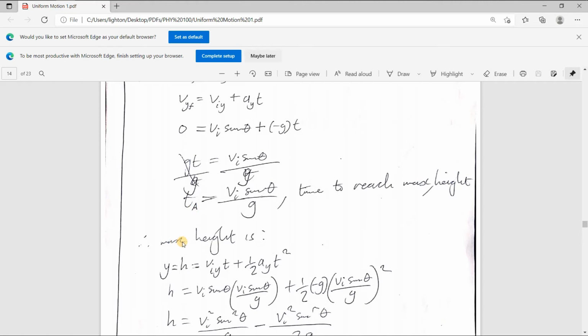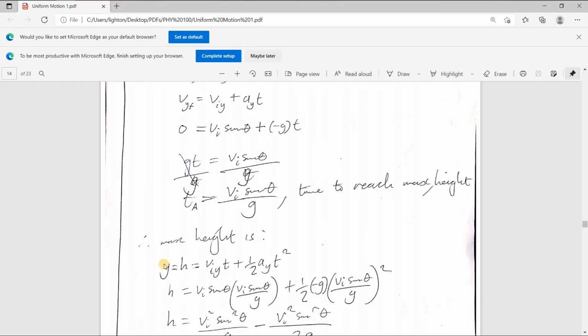So now, how do we get the maximum height from the time to reach maximum height? We get maximum height by substituting this time in our equation for displacement, which is y is equal to V subscript Iy t plus half Ay t squared.